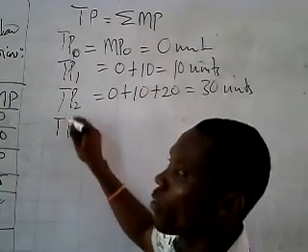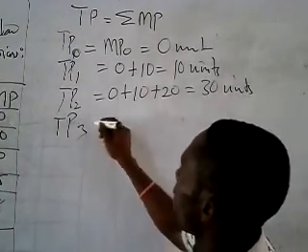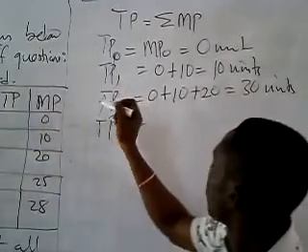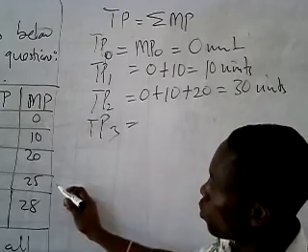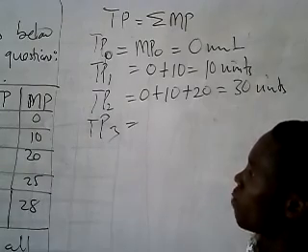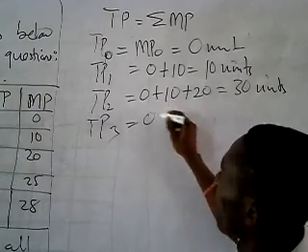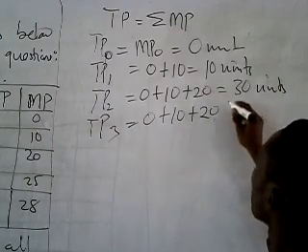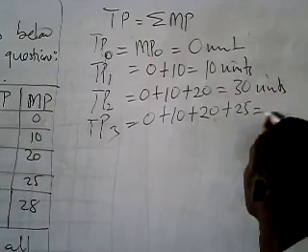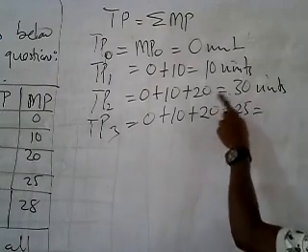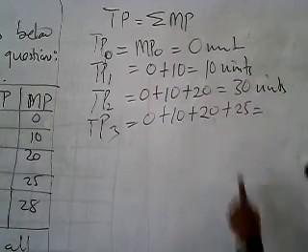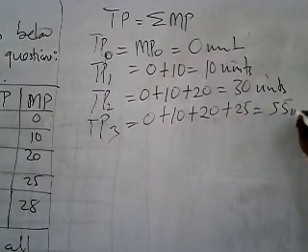Now total product 3 is going to be the summation of marginal product from 0 unit of the variable factor up to when the third labor was employed. So it's going to be 0 plus 10 plus 20 plus 25. Since the previous one gave us 30 units, 30 plus 25 will get 55 units.